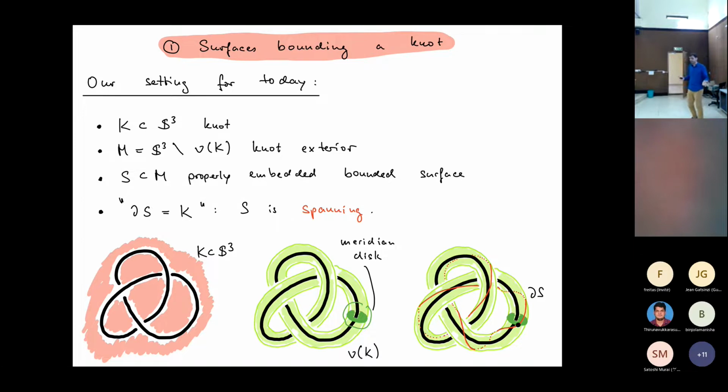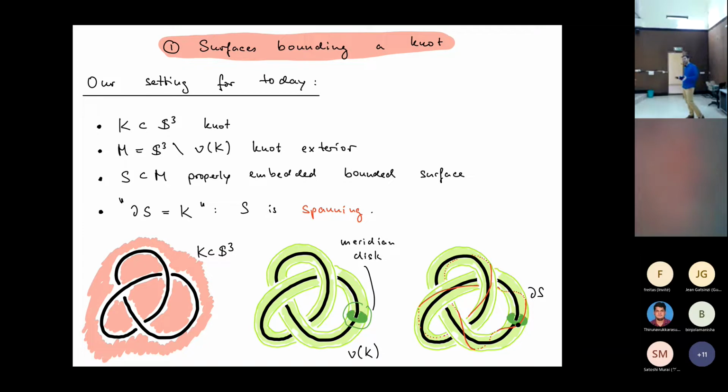It's a special three manifold because it came from the three sphere. So we know many things cannot happen, right? We know where it comes from, but many things that work for knot complements also work for more general three manifolds. So there are surfaces embedded into this knot complement.